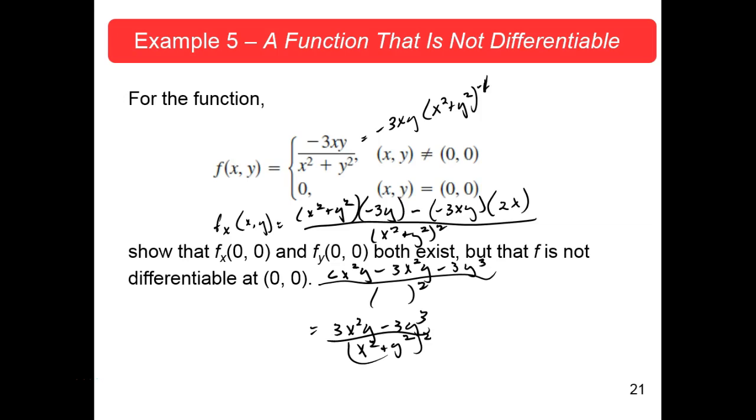f sub x at 0, 0, and at xy. And how in the world do they say that it does exist at 0, 0? It doesn't. It says you can show that f is not differentiable at 0, 0 by showing that it's not continuous at that point.